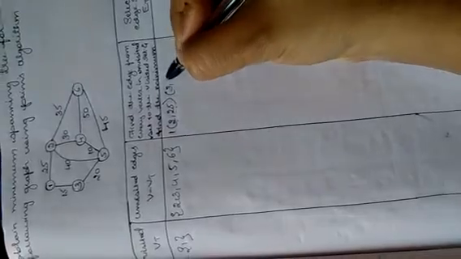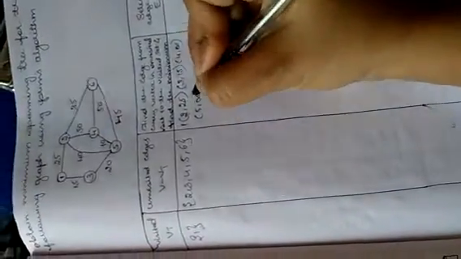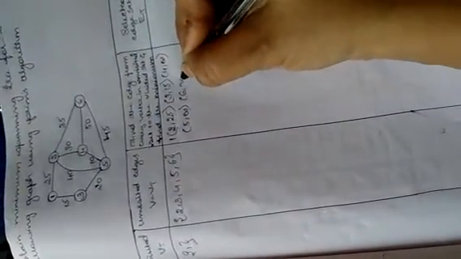From 1 to 3, what is the cost? It is 15. For all the vertices you have to take it. From 1 to 4, there is no edge, so it is infinity. If there is no edge, you have to take it as infinity. From 1 to 5, again it is infinity. There is no direct edge from 1 to 5. From 1 to 6, there is no direct edge, again infinity.